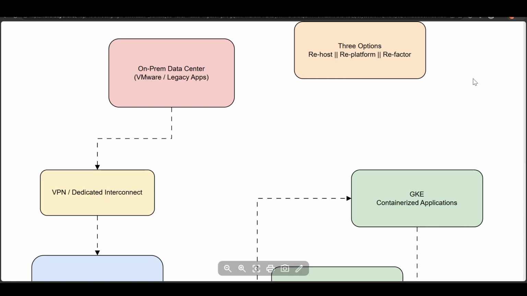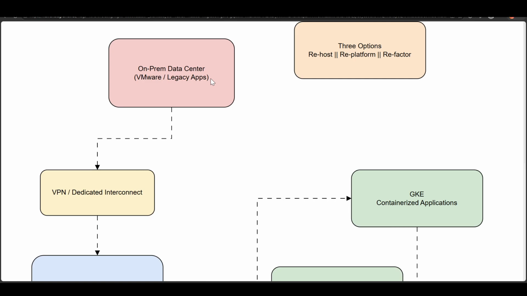Now, migration is not a one step process, it's a journey, and we need to make sure that we follow up on each step of the journey. The first step is that we analyze what kind of on-prem environment we have. In many environments, applications are tightly coupled with VMware.